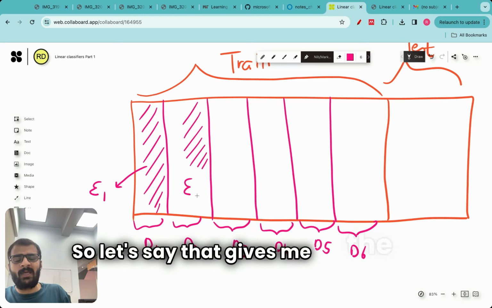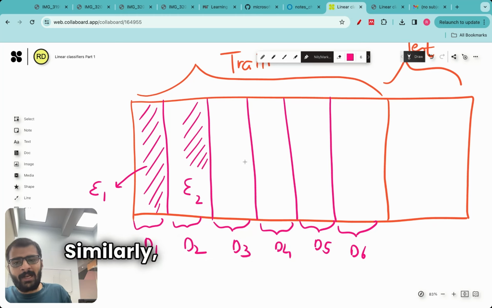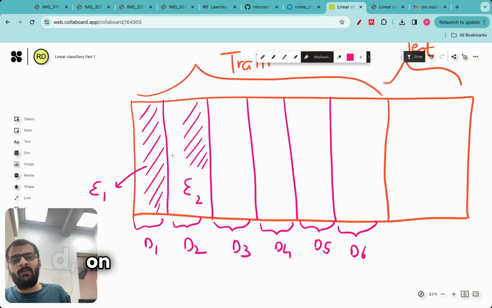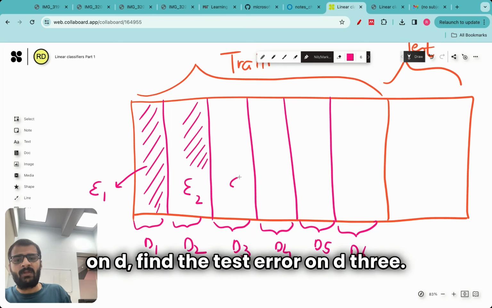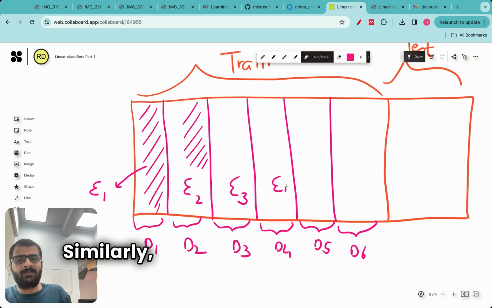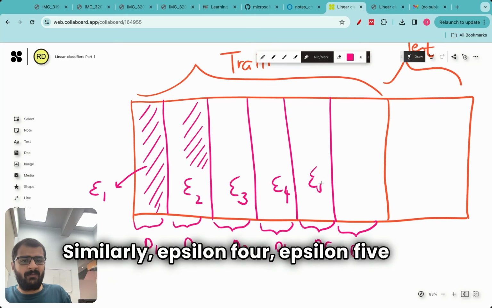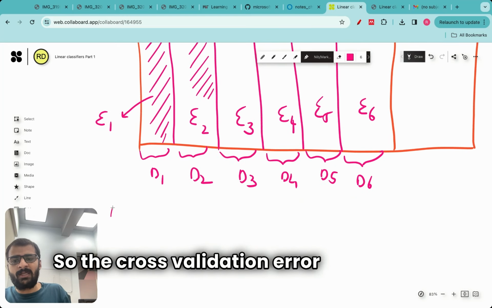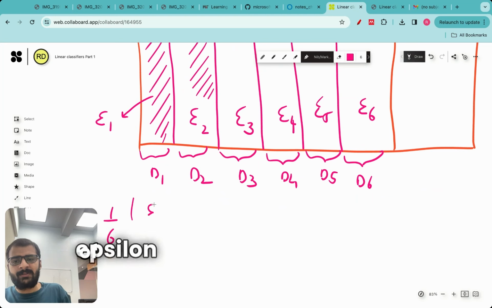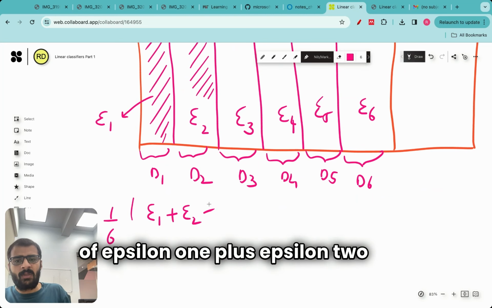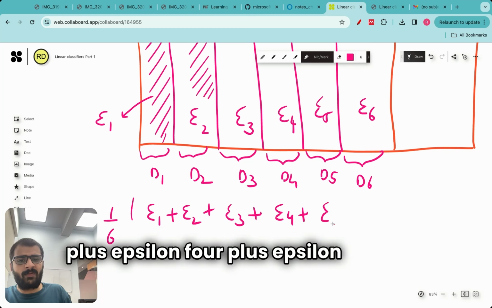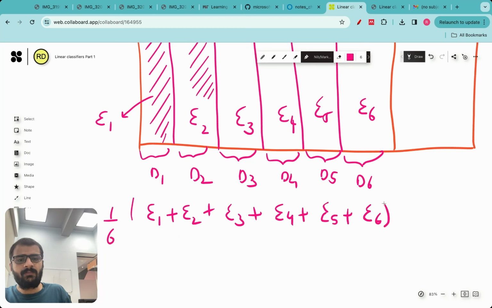So let's say that gives me the error of epsilon 2. Similarly, then I leave out D3 and train on the rest, and find the test error on D3. So this gives me epsilon 3, similarly epsilon 4, epsilon 5, and epsilon 6. So the cross validation error is 1 by 6 of epsilon 1 plus epsilon 2 plus epsilon 3 plus epsilon 4 plus epsilon 5 plus epsilon 6.